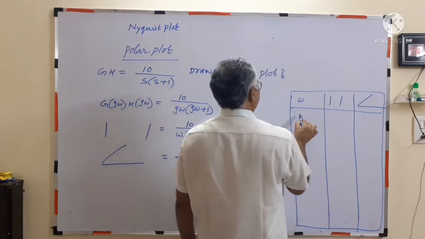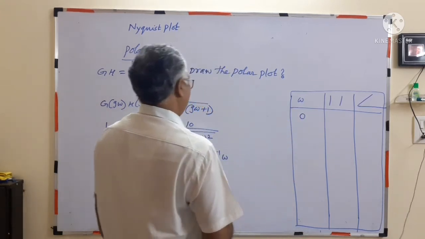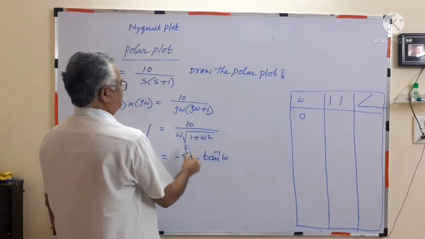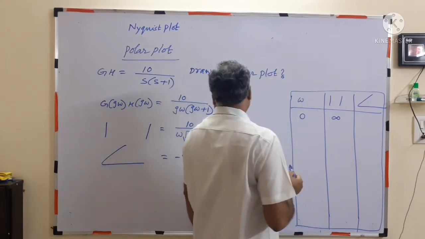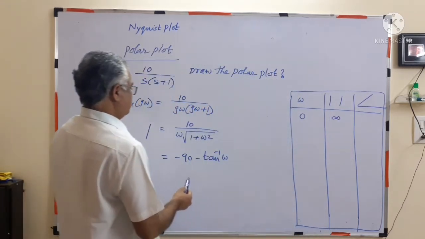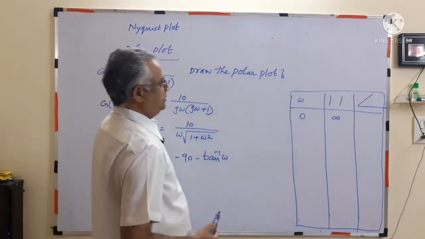So start with omega equal to 0. At 0 frequency, what is the magnitude? Infinite. At 0 frequency, what is the angle? Omega 0 means minus 90.